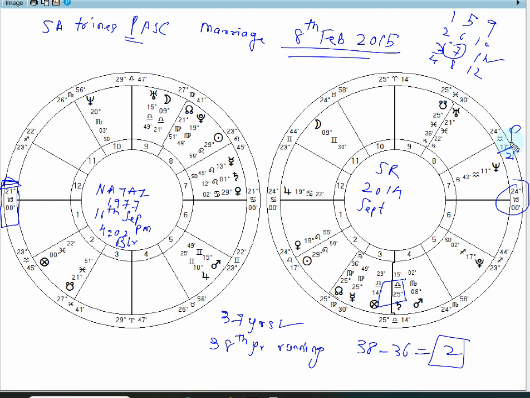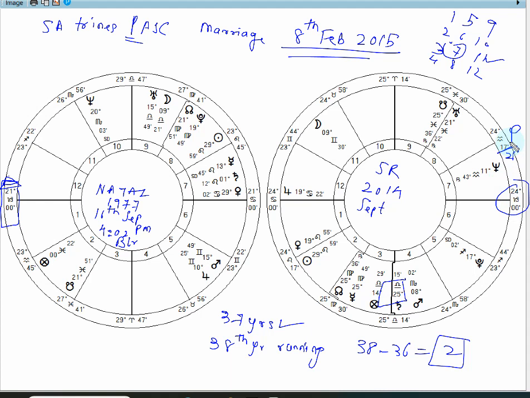Now, coming back to the other concept of distribution through the bounds. Around this time, the ascendant was directed to the terms of Venus in Pisces.